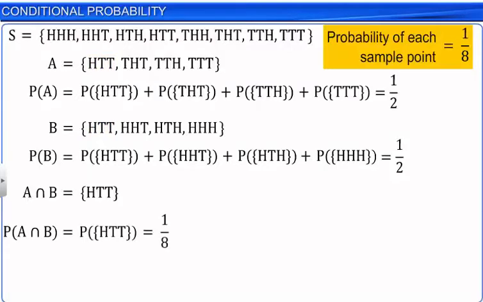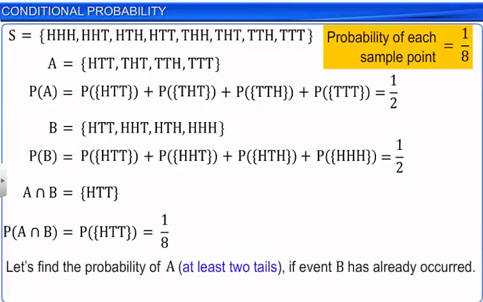We just calculated the probabilities of events A and B, considering that they happen independently. Suppose we have to find the probability of A if event B has already occurred.